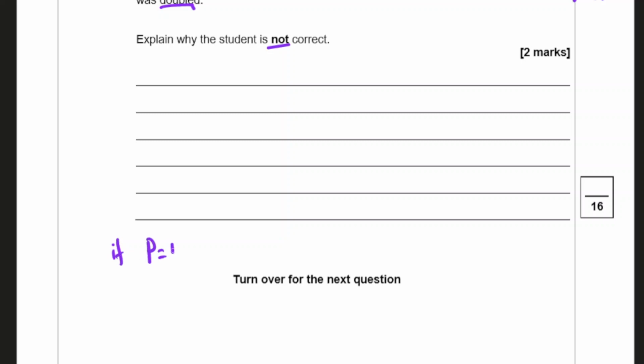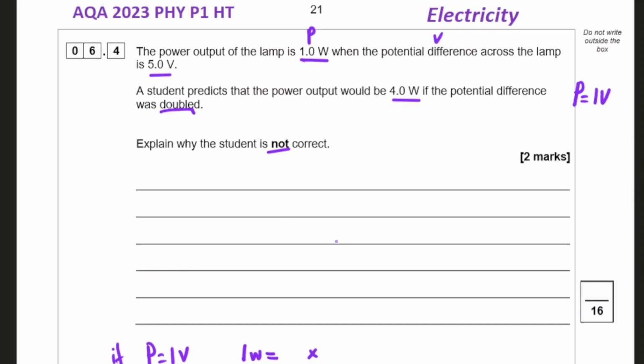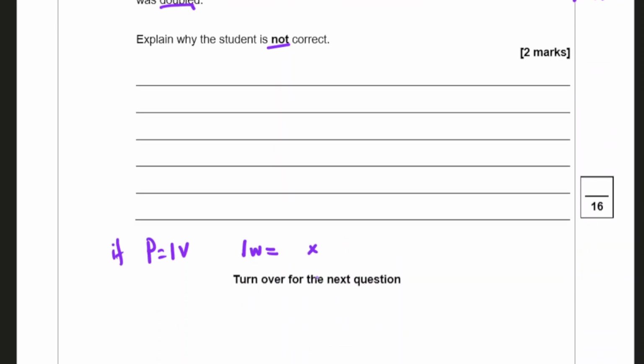P equals I V, so 1 watt is equal to, now we don't know the current. They're saying the voltage is 5 volts. So when it's 5 volts and the power is 1 watt, the current has to be 0.2 in order to satisfy this equation.